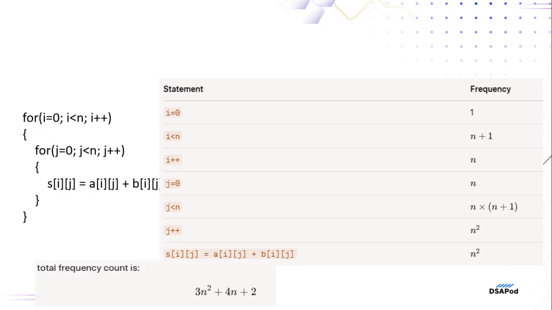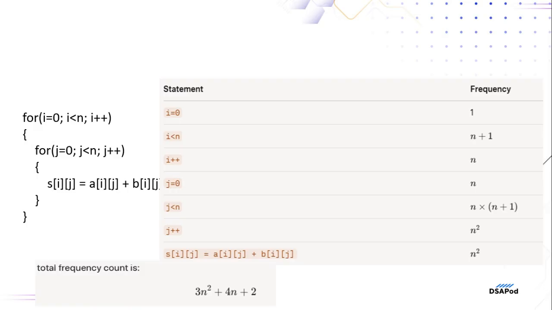Exactly. Program 2, the one dealing with matrix addition, gives us the classic blueprint for quadratic time. And the structural detail is its non-negotiable nesting. Let's just visualize the execution for a second. The math is simple, but the performance implications are huge. You have the outer loop running n times. Right. But for each of those n times, the inner loop also executes its entire course, which is also n times.